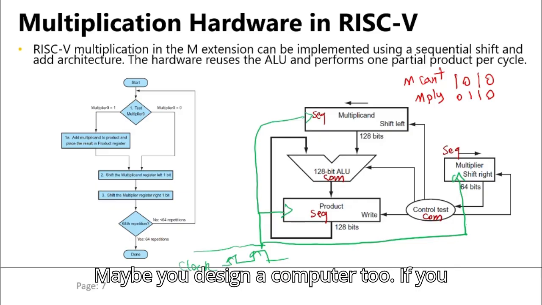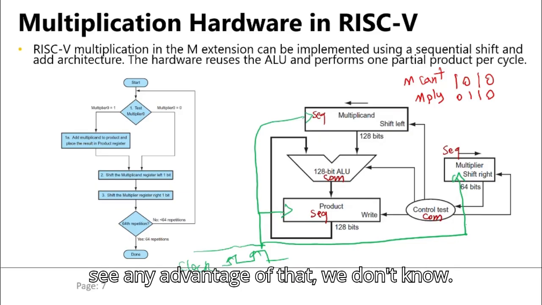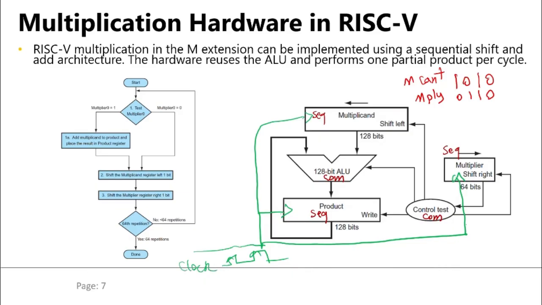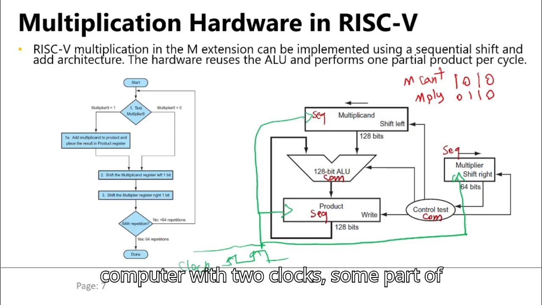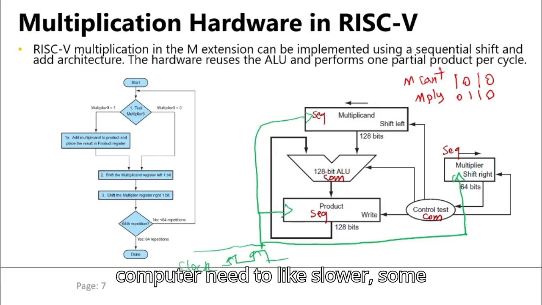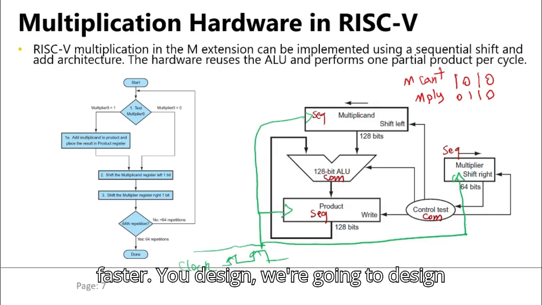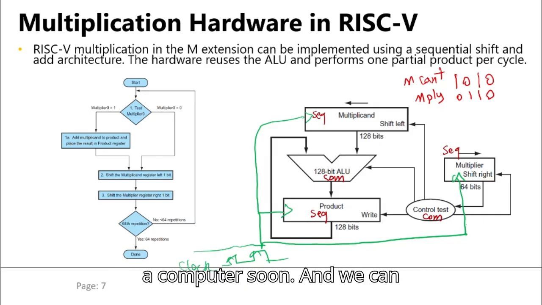Maybe you design a computer with two clocks if you see any advantage in that. Some parts of the computer might need to be slower and some faster. We're going to design a computer soon, and you can be creative in that case.